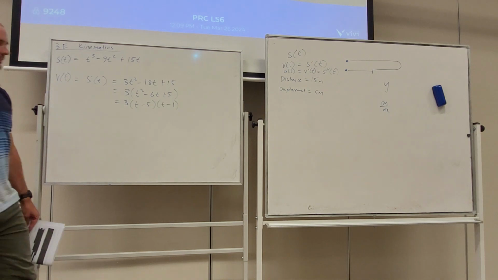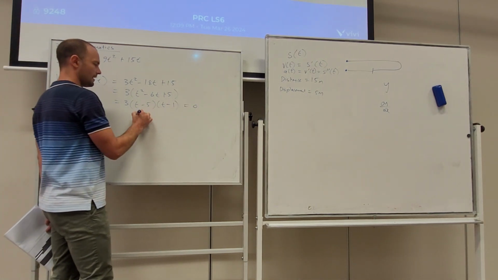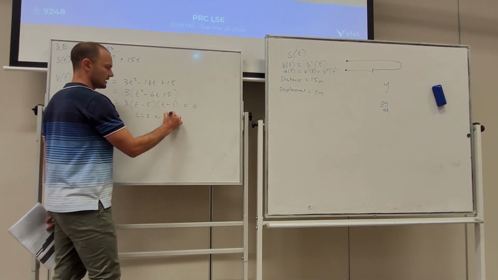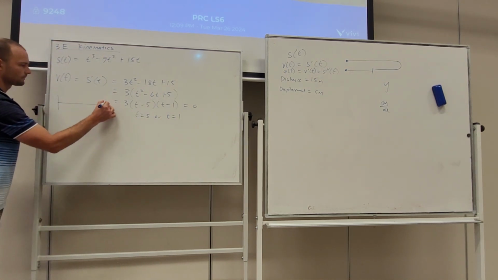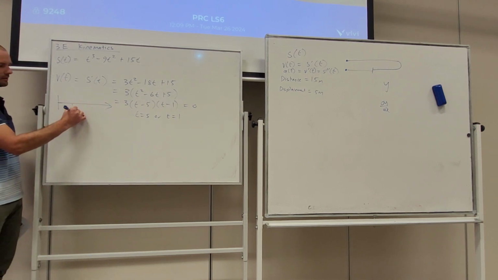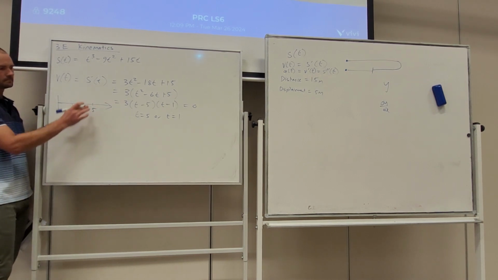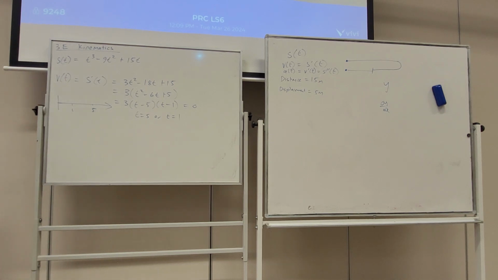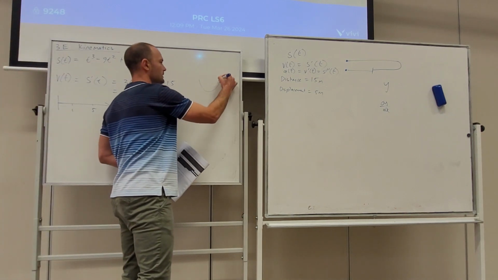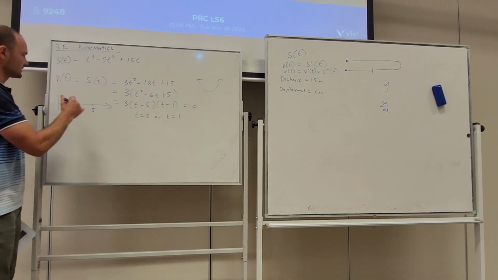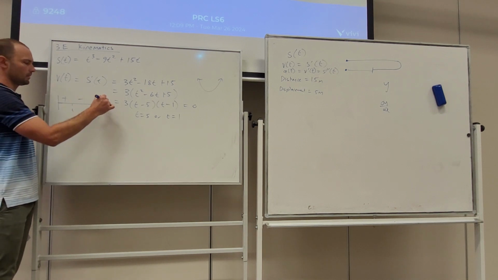All right, so if I'm finding the roots of it, I would have t is 5 or t is 1. So for the velocity sign diagram then, it has a root at 1 and a root at 5. And it's a quadratic. It has a positive a value, so it's opening upwards, which means it's going to be positive, negative, then positive.